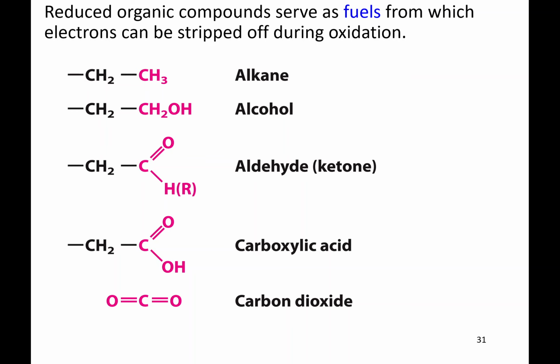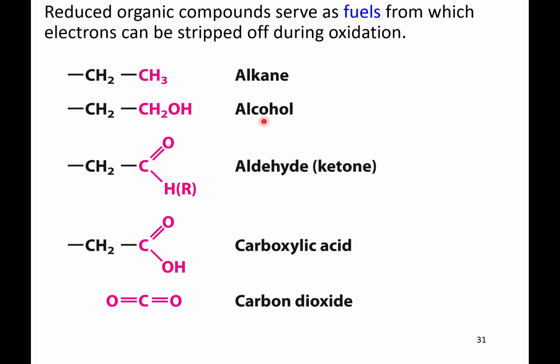So that's the last thing we'll learn about in metabolism in this course. But these electrons have to come from somewhere, and they come from basic organic compounds. This list of compounds shows you, at the top, the more reduced compounds, and at the bottom is carbon dioxide, which is the most oxidized.